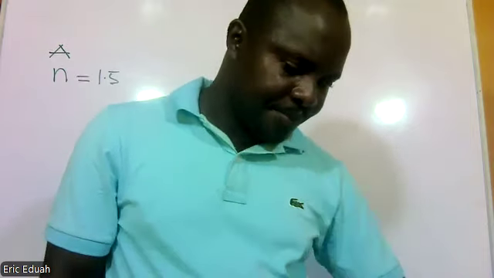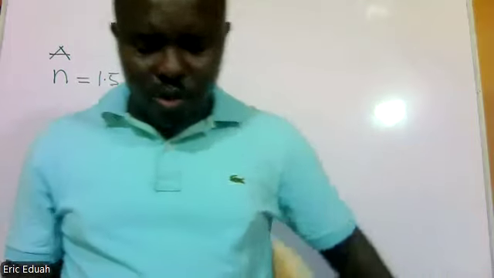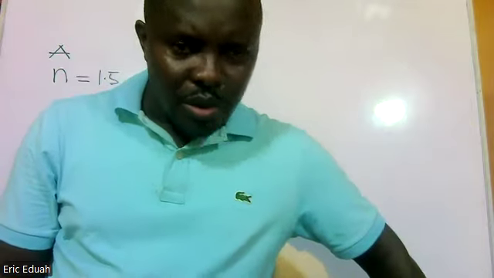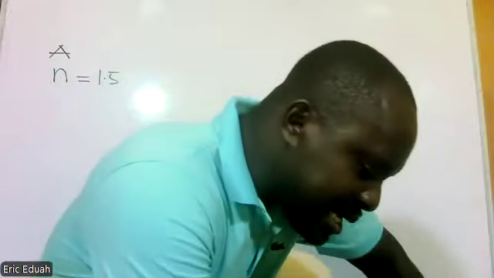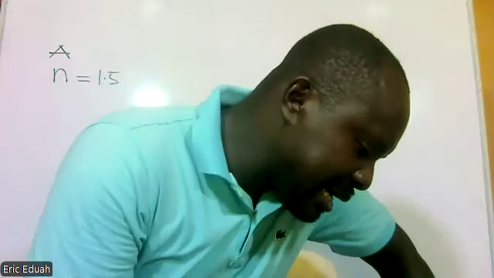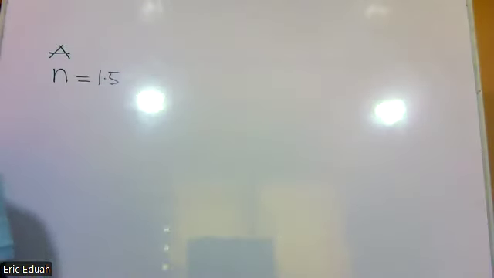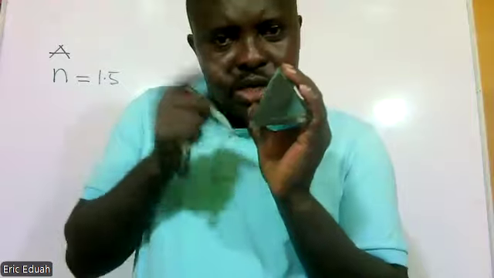Frida? Please, 60 degrees. Why? Since it's an equilateral triangle. So Prince, the question said that it is an equilateral triangular prism. And we know what an equilateral triangle is. Look at this prism. This is an equilateral triangular prism.